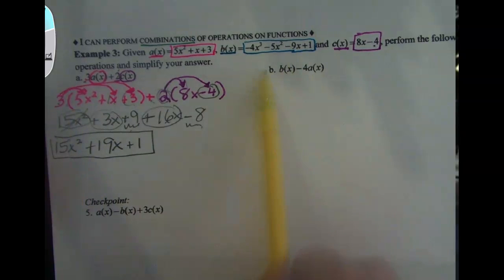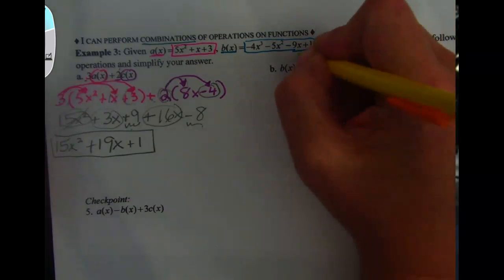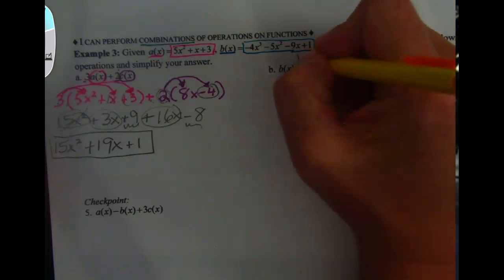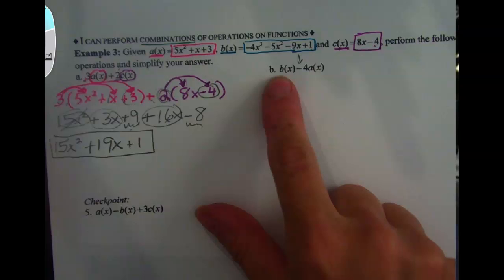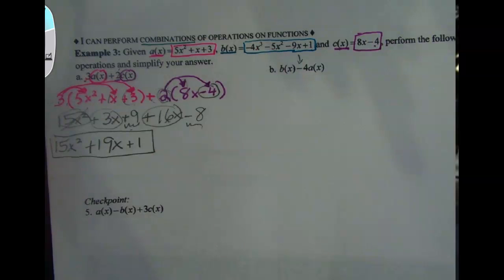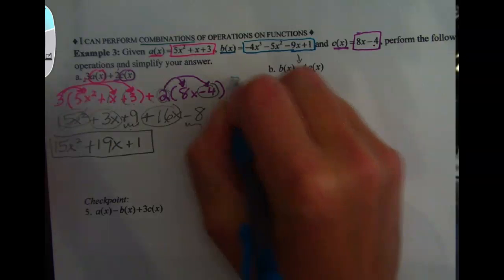Okay, so now I'm going to look at B and look at what it's trying to tell me to do. I can see right away I've got multiplication and subtraction in there. So it wants me to take B of x. Nothing is in front of it, so I'm not multiplying this part. But B of x is this big long one. I use this blue or greenish color, so I'm going to use that for my B of x.